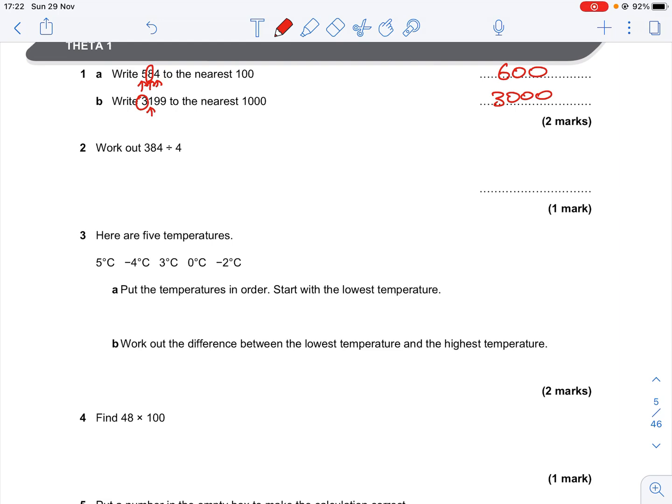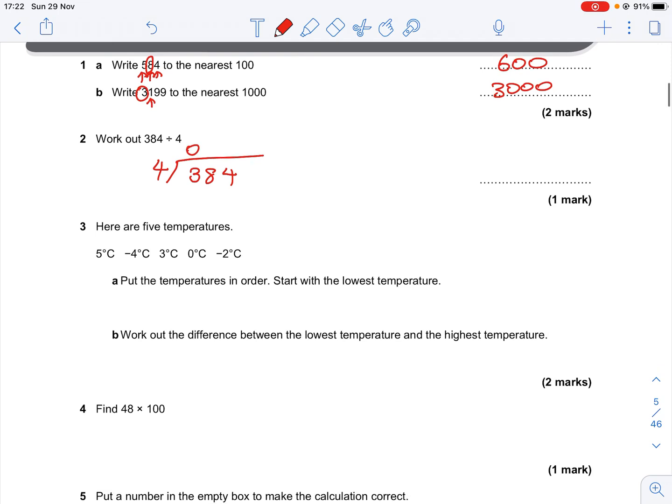Then for question 2, work out 384 divided by 4. And you could use your short division. So how many 4s go into 3? 0 times. How many 4s go into 38? 9.